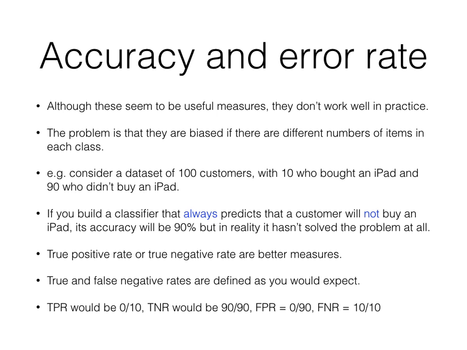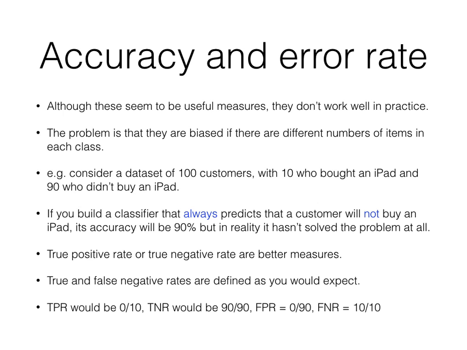The problem is that they're biased if there's different numbers of items in each class. So when the classes are balanced, when you have roughly the same number of positives and negatives, then accuracy and error rate work really well. But if they're unbalanced, if you have a lot more positives to negatives in your data set, or lots of negatives to positives, then the accuracy and the error rate are not very descriptive.